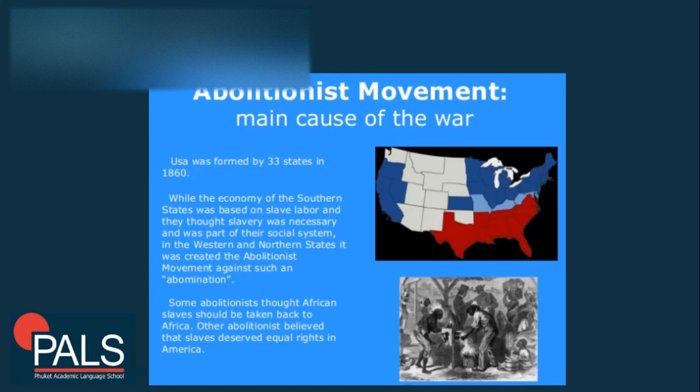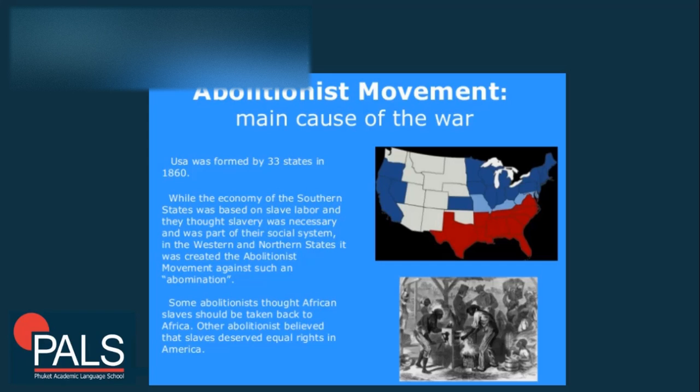Now, you should know the abolitionist movement. They say it's the main cause of the war, although we have other causes as well. Now, USA was formed by 33 states in 1860.